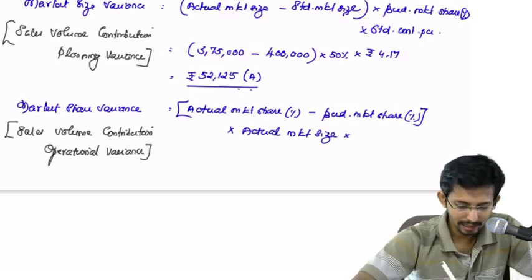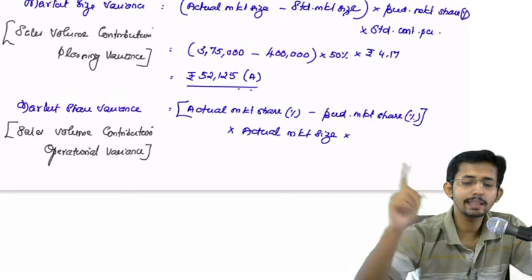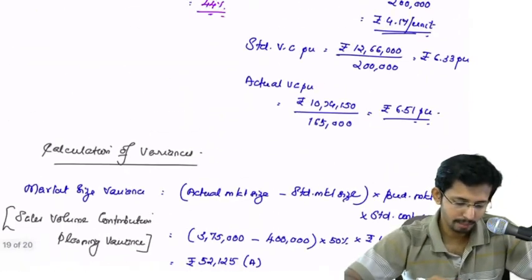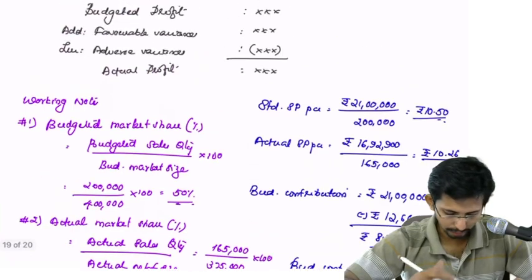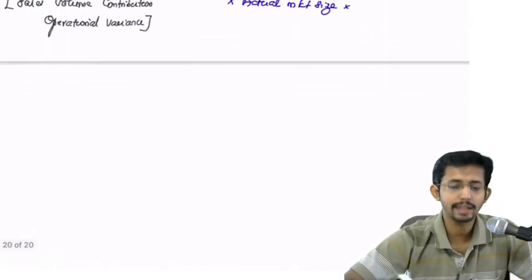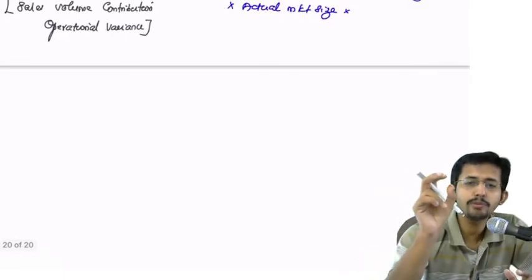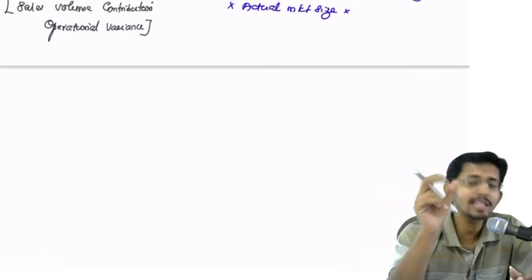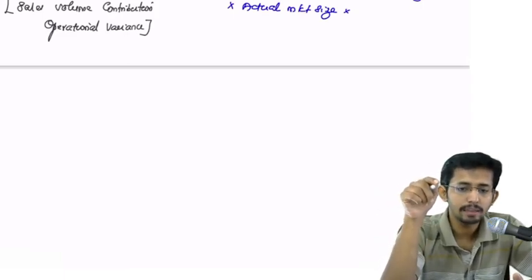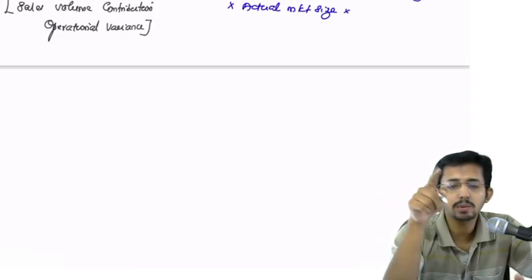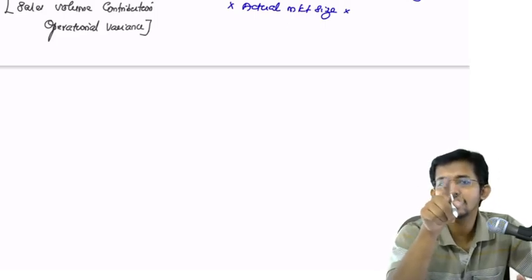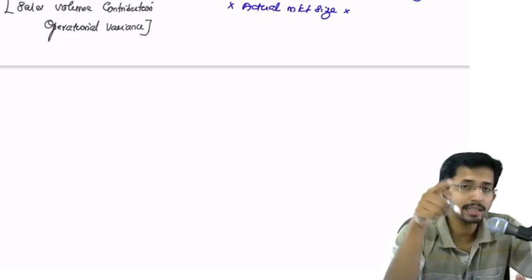I expected a market share of 50%, but I got only 44%. So there is a fall of market share to the extent of 6%. The actual market size was 3,75,000. So on that 3,75,000, 6% market share fall was there.